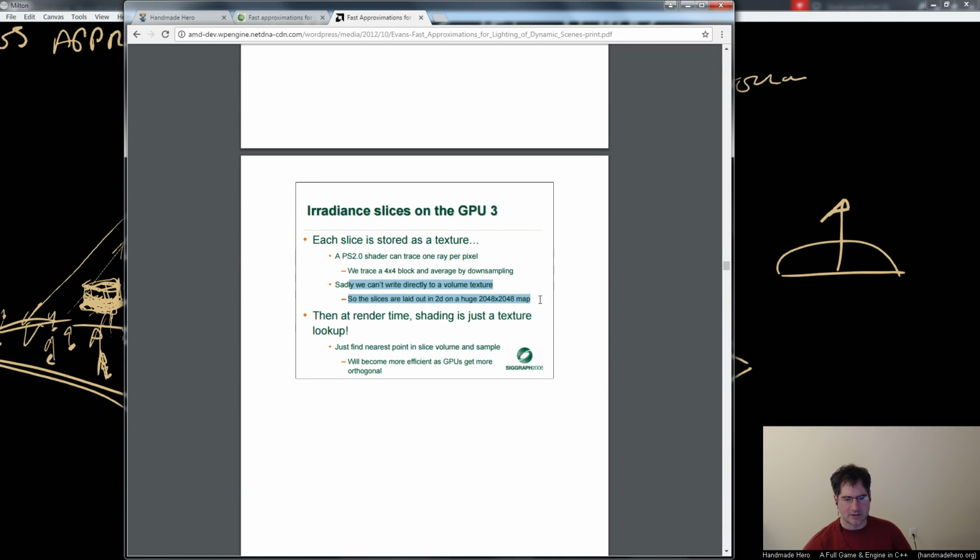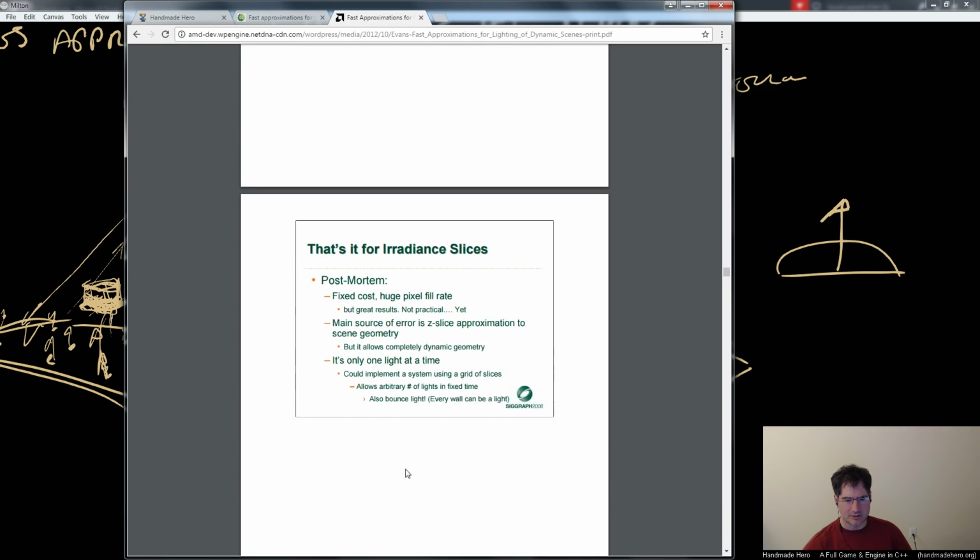We can write directly to volume textures, so we can probably avoid some of the hassle here. Find the nearest point in the slice volume and sample, will become more efficient because we're orthogonal.